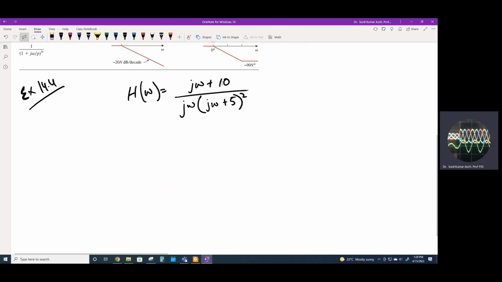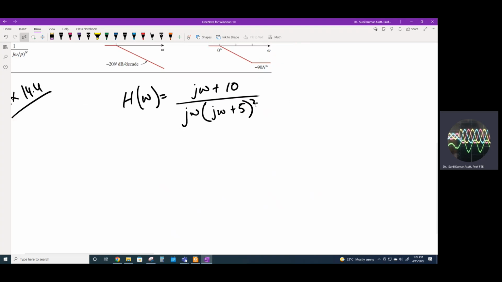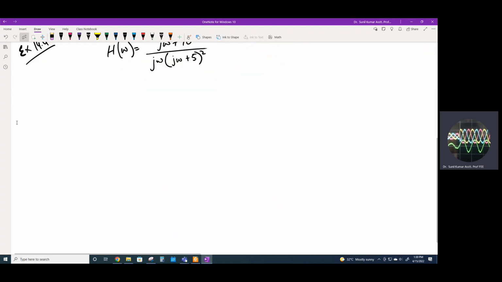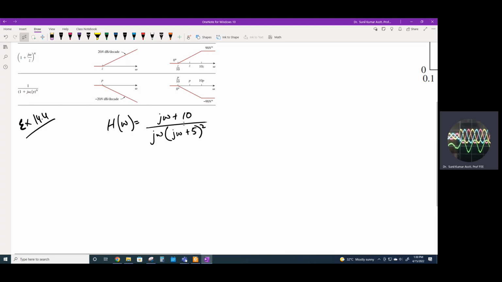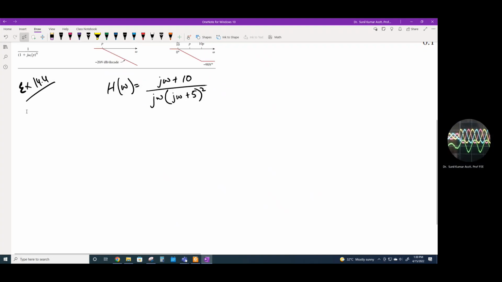So in this case, you can see that obviously this is not in standard form. So we will first transform or rearrange the terms into the standard form.